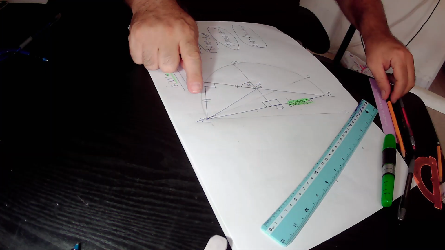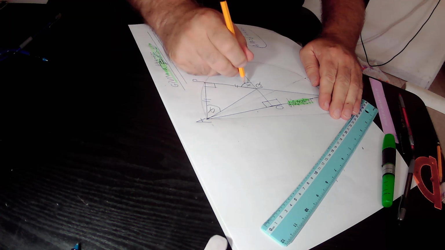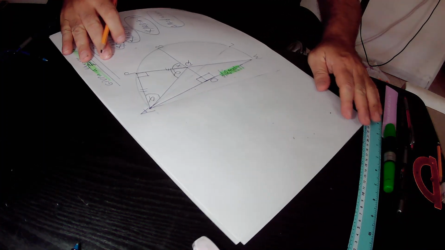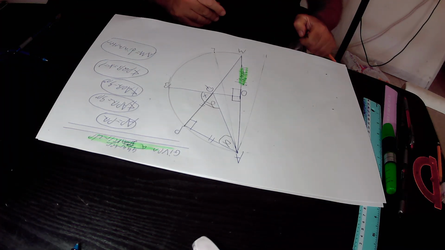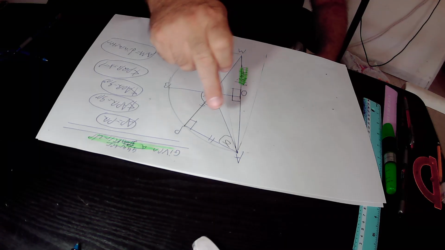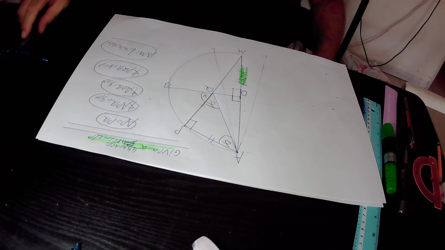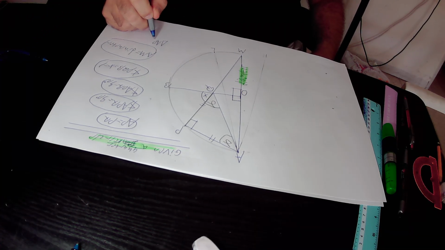So if we define the size of this angle as alpha, then the size of this angle must also be equal to alpha because they are equal to each other. You also know that the sum of the angles in any triangle is equal to 180 degrees. It is true in any triangle, and therefore it is true in triangle APQ. So which angles do we have in the right triangle APQ?